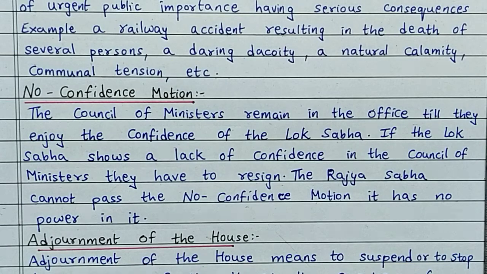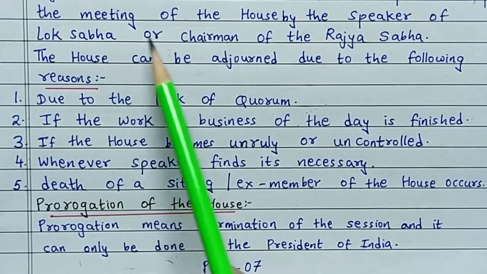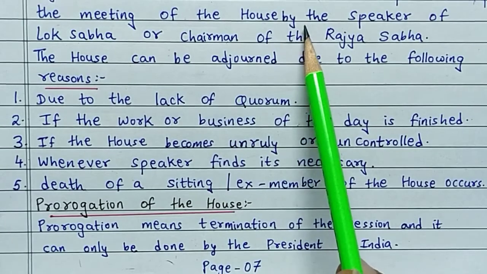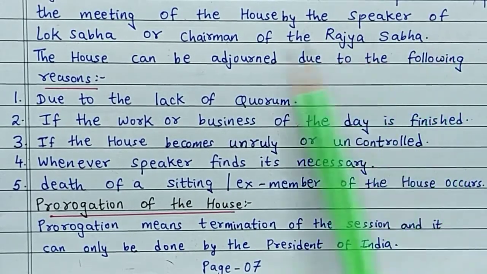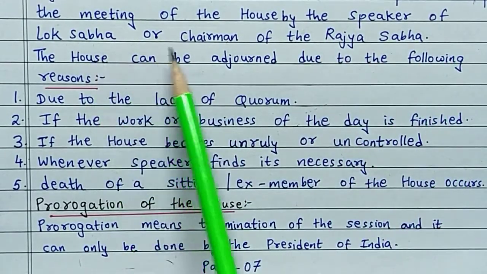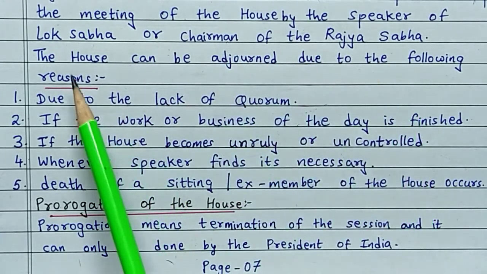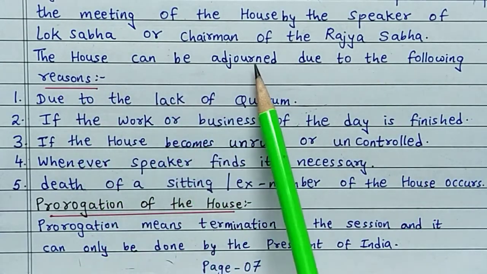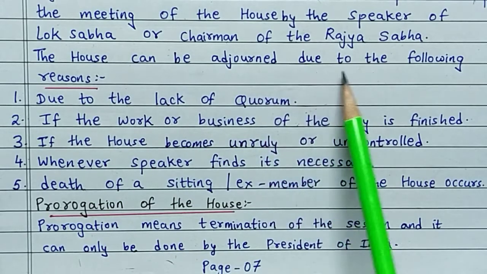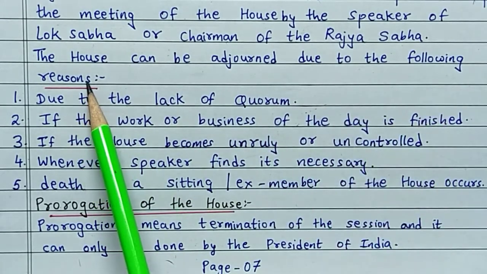Adjournment of the House. Adjournment of the House means to suspend or to stop the meeting of the House by the Speaker of Lok Sabha or Chairman of the Rajya Sabha. The House can be adjourned due to the following reasons.